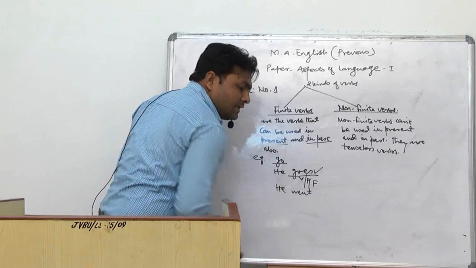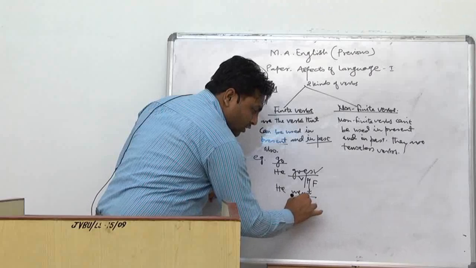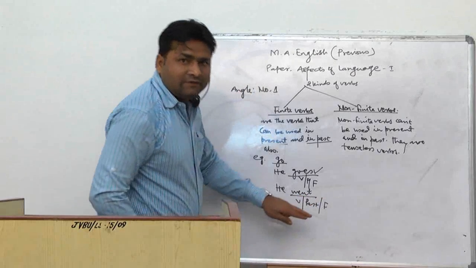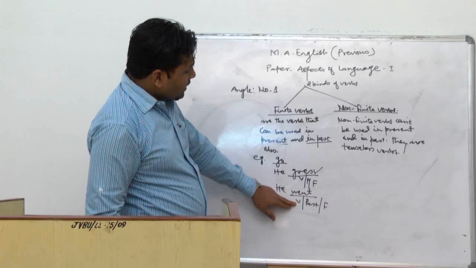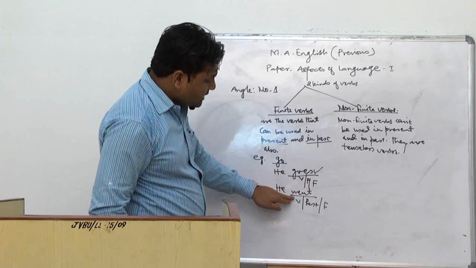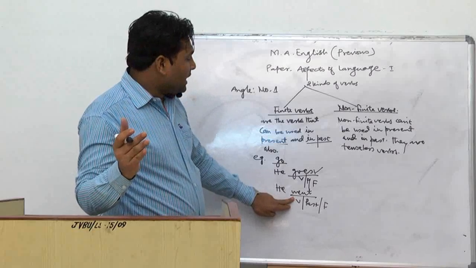You can say he went. Now this is also a verb. This is also a past verb and this is also a finite verb. Why? Because this verb can be changed into present and this present verb can be changed into past. This is what is called a finite verb.